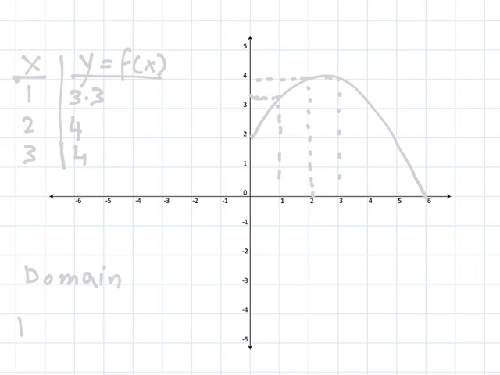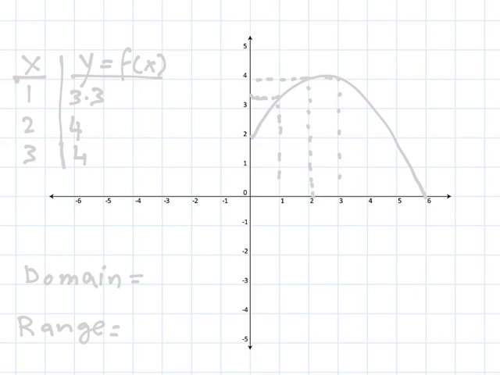Now let's say there is a question asking to find the domain and range of this particular function. How can we find the domain and range? The domain would be all the possible x values in this function.